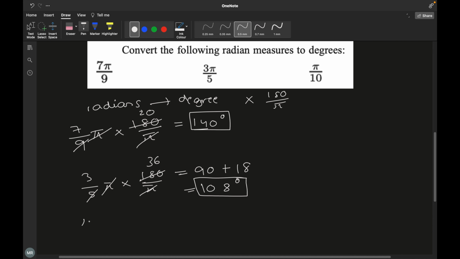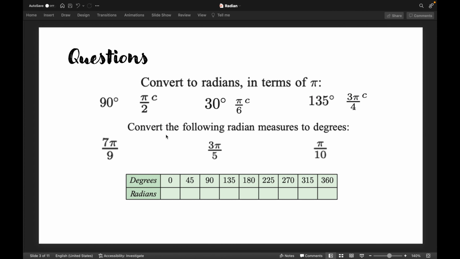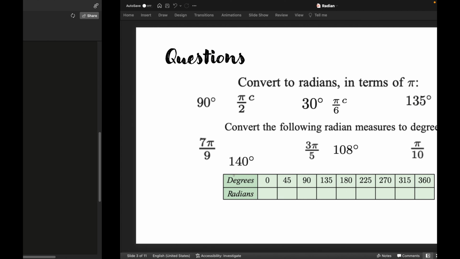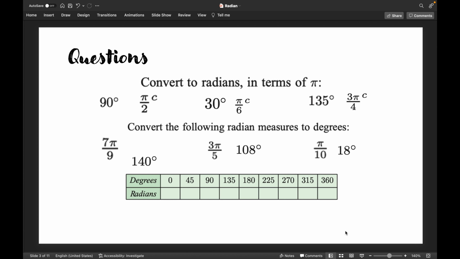So pi by 10 into 180 by pi. The pi and pi get cancelled and we're left with 18 degrees. So let's see if the answer is correct. 140, 108 and 18.